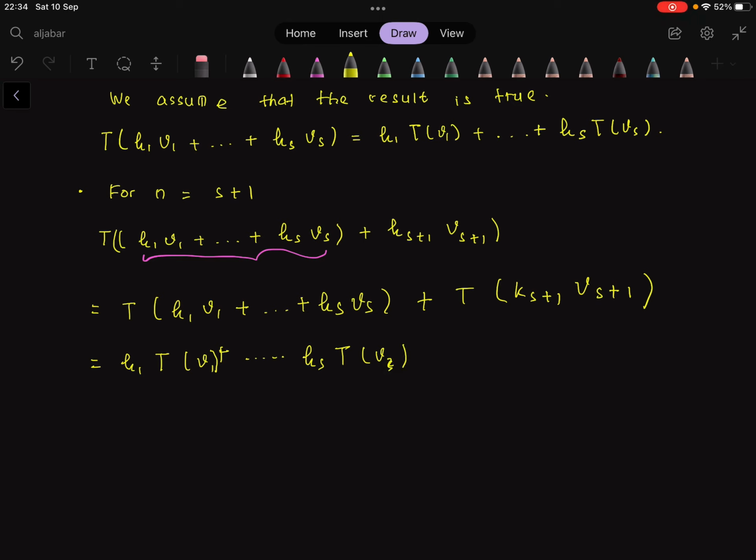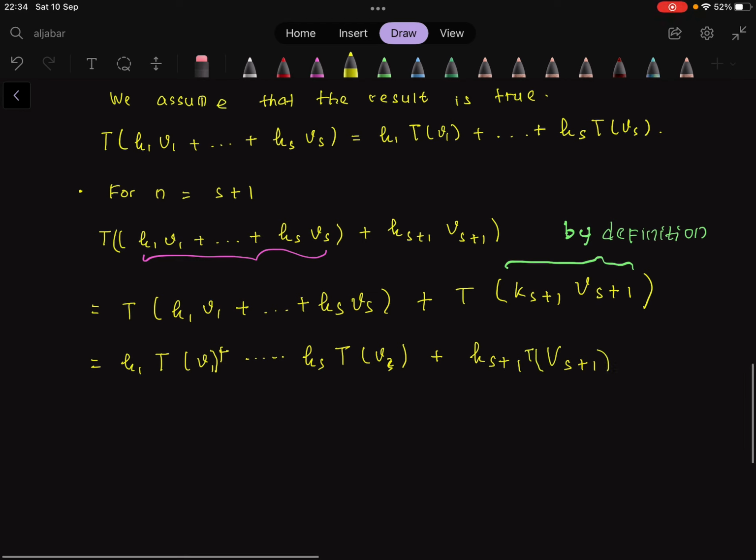And for this part we use the definition, and then we have k(s+1) T(v(s+1)), and this is true. So this theorem is proven. Thank you for watching.